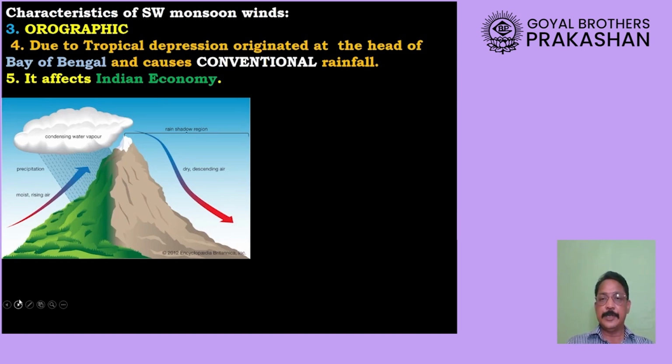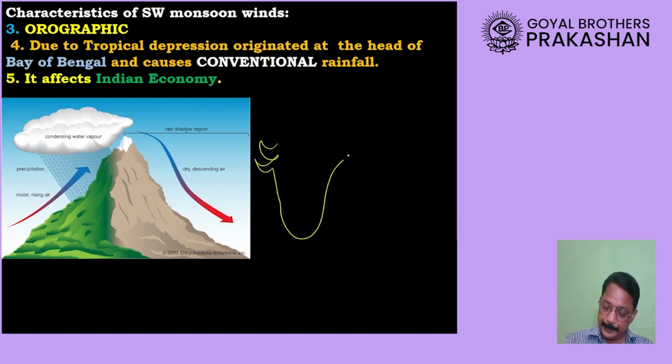The third characteristic is that it is orographic in nature, and we have already seen the meaning of the word orographic. When the winds are moving towards the mountain, they are blocked by the mountain, then they begin to rise upward, then they condense and come down in the form of rain. We call that kind of rainfall orographic rainfall. Whereas conventional rainfall, what happens? Now I'll show you here. If this is India, here is Bay of Bengal.